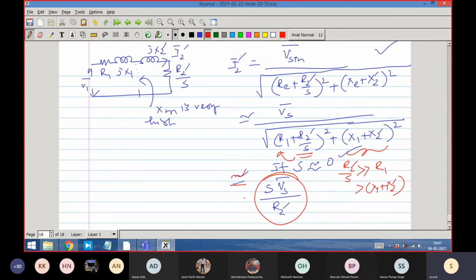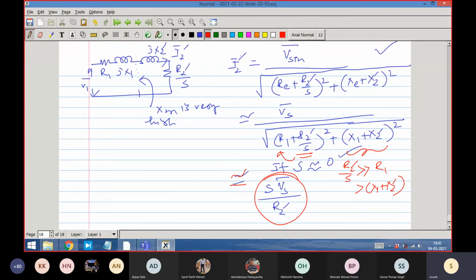Okay, so that is how you calculate the current, and you can see that when slip is very nearly equal to 0, the current is reasonably less. That's why we said that in the starting part, when slip is equal to 1, current will be more, but as the operating condition improves and it comes to the rated condition, the current becomes less. Also you can see that now clearly I2 and Vs are in phase, because it is just a resistive circuit.